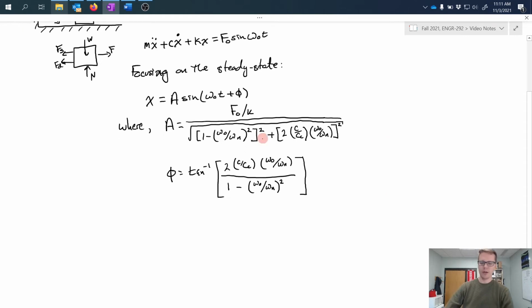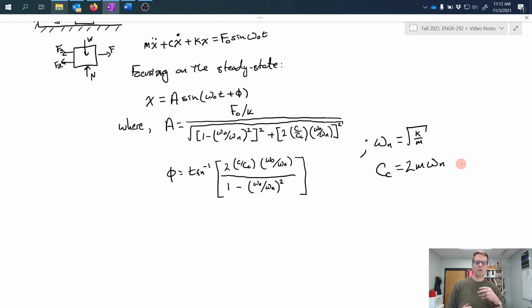So first you might note that we've got natural frequency in here, and that is defined as it has been all along, as the square root of k over m. And we've also got the critical damping coefficient, which is defined as it was before as 2 m omega n. So those two things haven't changed. Now, what that gives us in this equation is a couple of ratios.